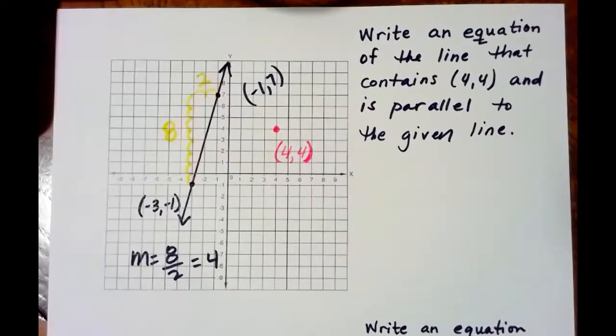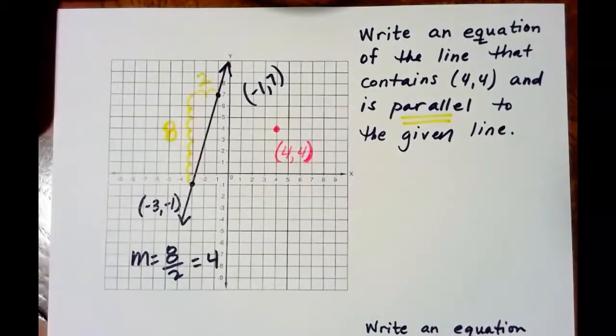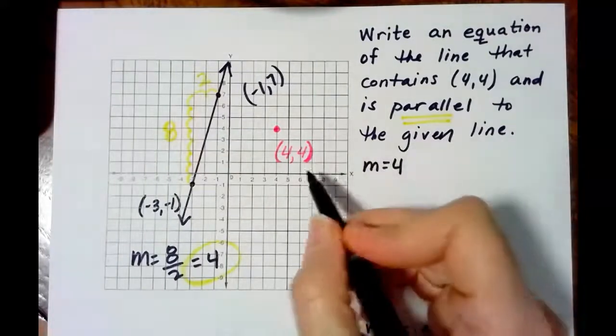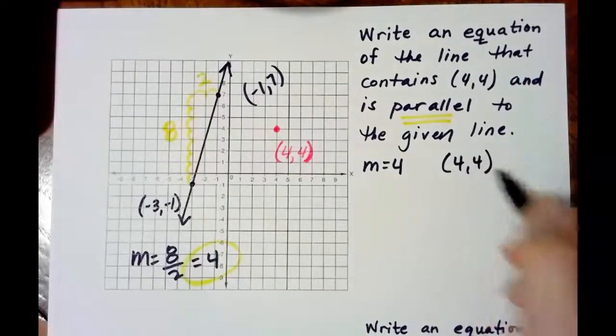We want our new line to be parallel to the given line. So that means we're going to keep the slope exactly the same. So our given slope is 4, and our given point is (4, 4).